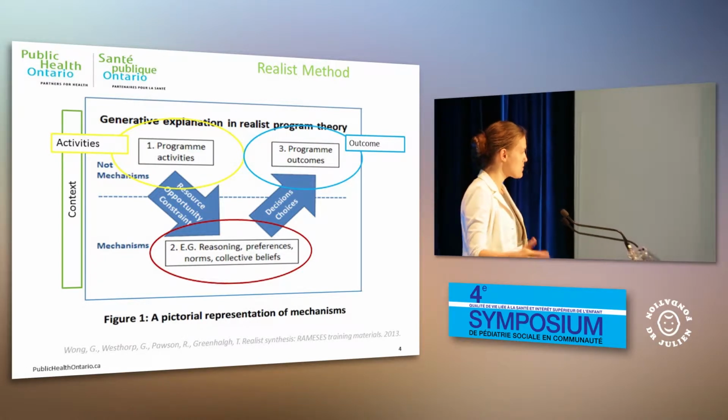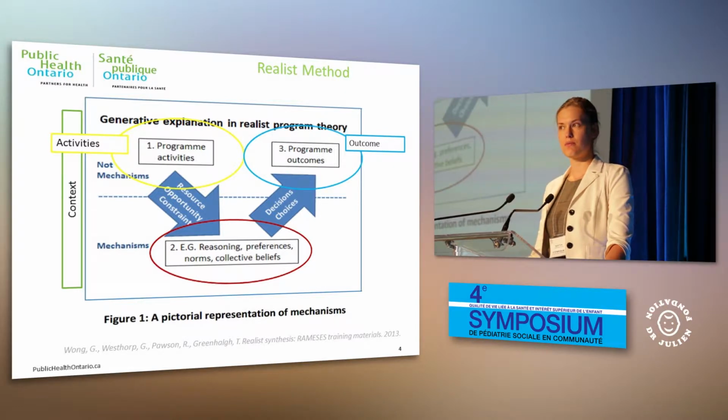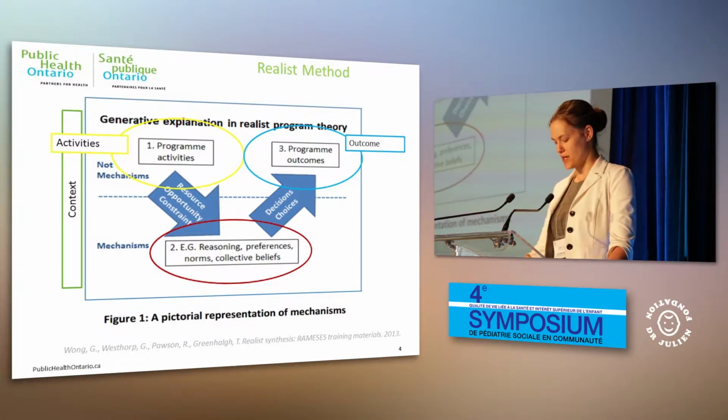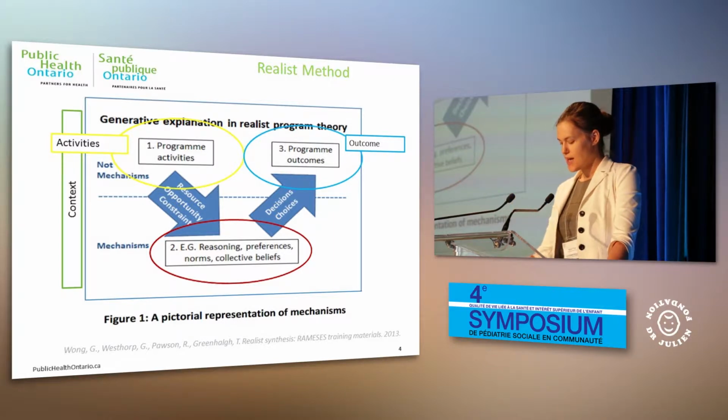And this relationship is pretty basic. It's cause and effect. It's what we do all the time, what we're very familiar with, and what you might see in a logic model. We do certain activities, we expect certain outcomes. But where the Realist Method gets interesting is that then we look for evidence in the literature of why this happened by examining the mechanisms, which I showed in red.